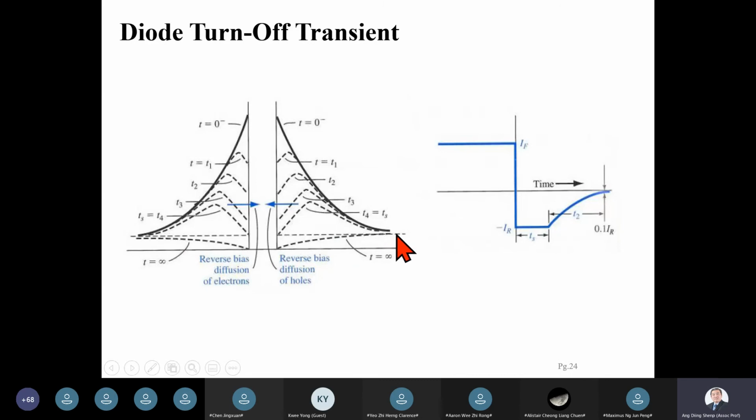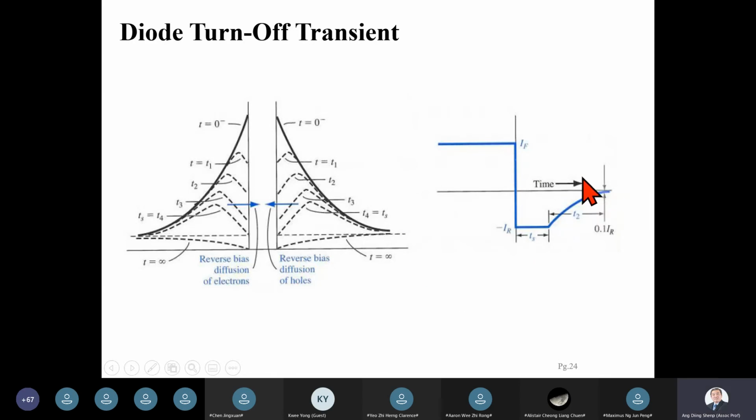If you look at the dashed line, it corresponds to the earlier discussion we had on how the minority carrier charge concentration would vary across the junction under reverse bias. That is the point in time when the diode current will approach the reverse saturation current of the reverse bias PN junction. So as you can see, due to the presence of the storage capacitance, which relates to the storage of excess minority carrier charge under forward bias, the diode does not turn off immediately when you toggle the switch from left to right.